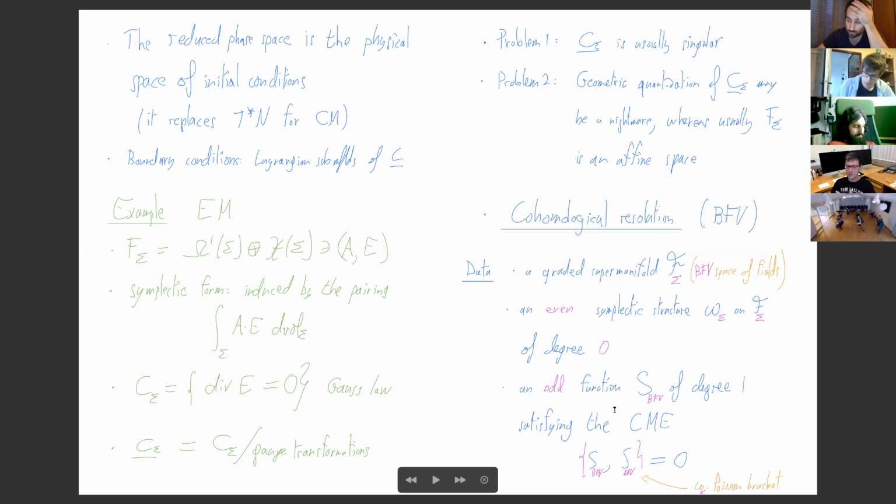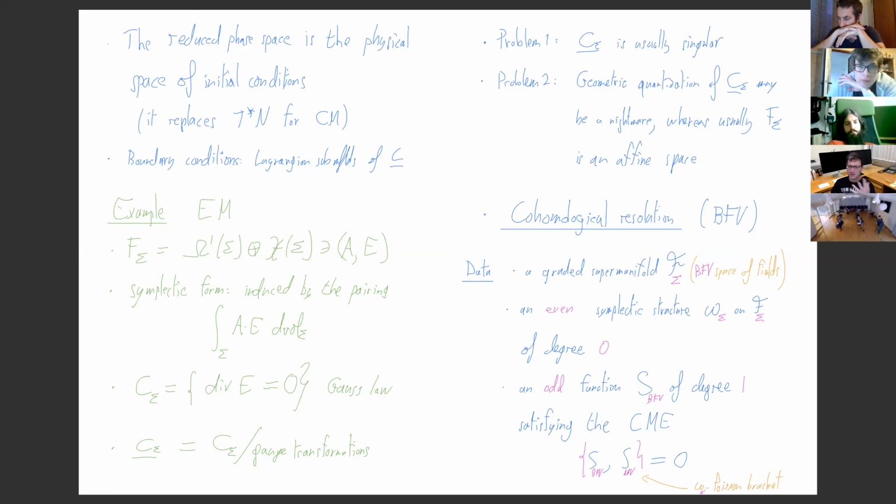But still we want this function to satisfy the classical master equation, which is here. And this pink curly bracket is just the Poisson bracket associated to this symplectic structure. So the only difference formally is just the grading. Now omega is even, of degree 0 instead of degree -1. S is odd, of degree 1 instead of degree 0.